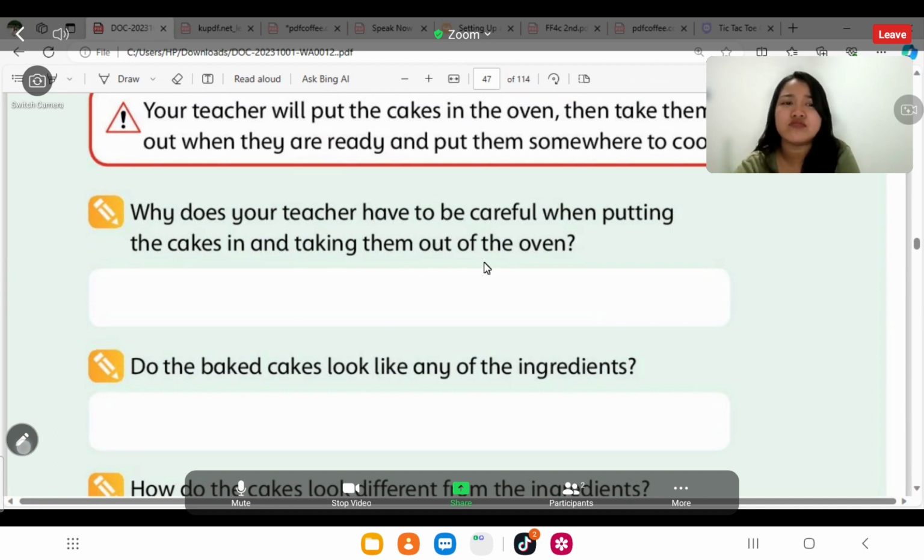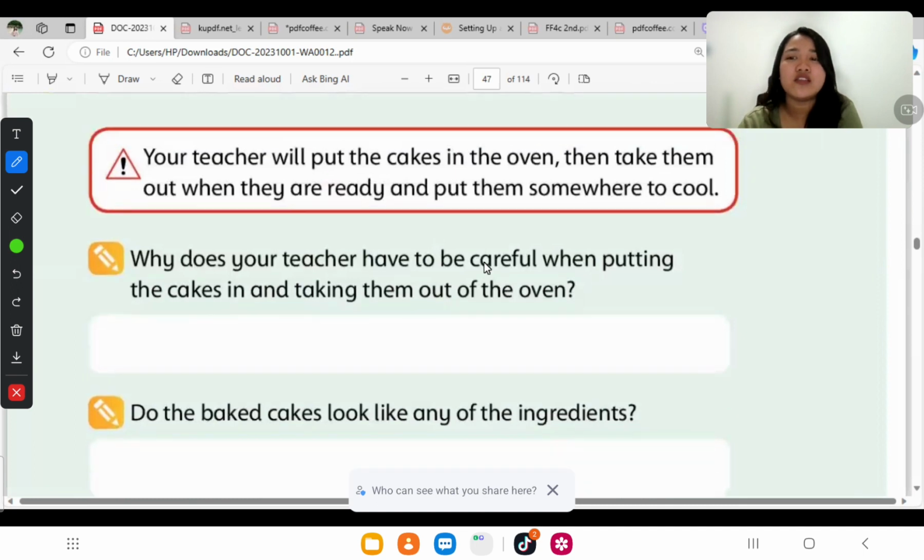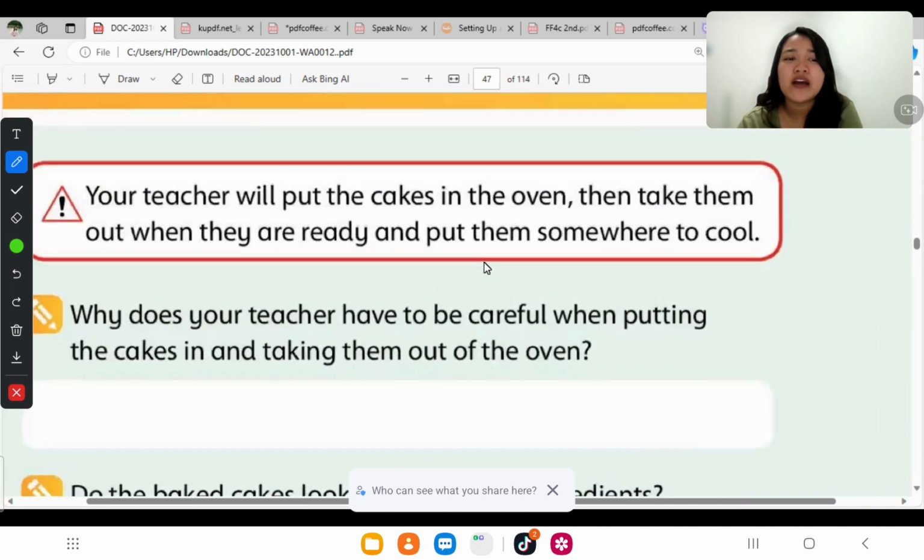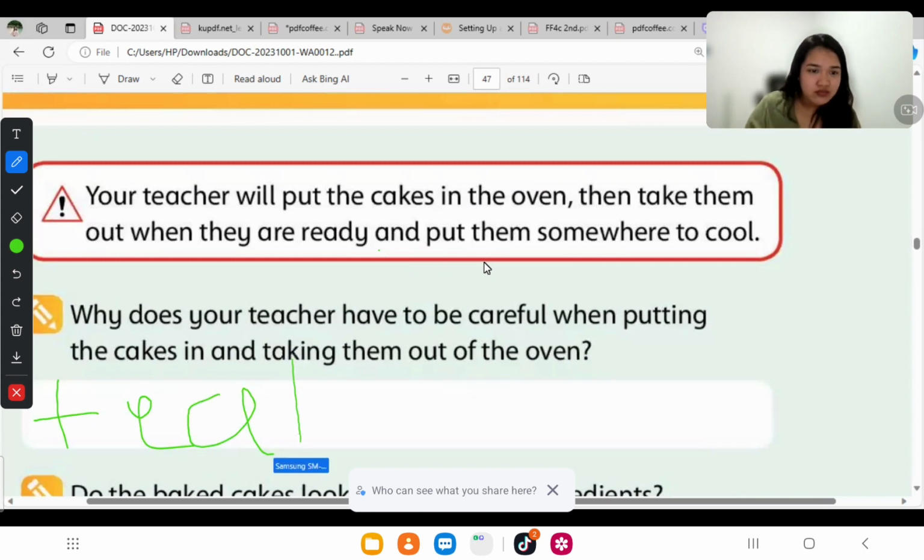Why? Yes, why? I got it already. I'm asking why I need to be careful. Here, Isabel, why do I need to be careful if I put the cakes in and out?